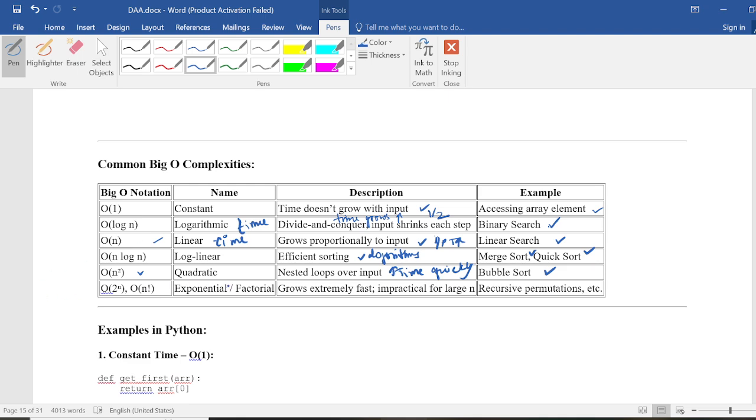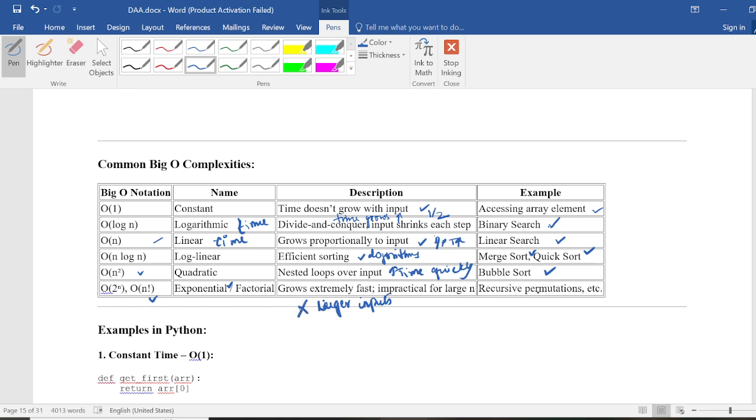Exponential or factorial time, that is O of 2 to the power of n or O of n factorial. This grows very fast. These are not practical or recommended for larger inputs.